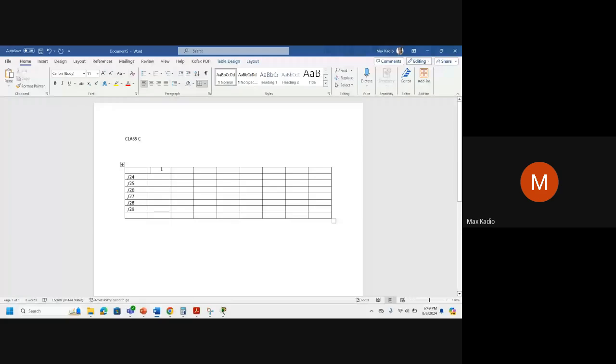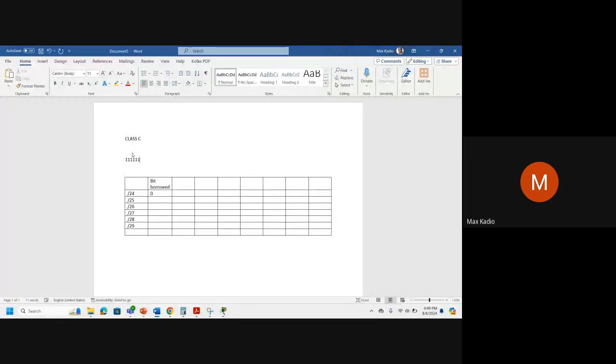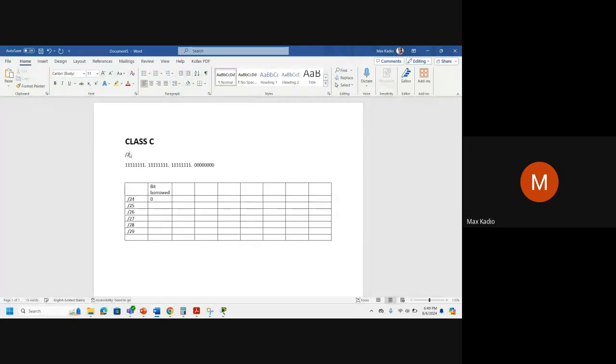If it's slash 24, it means we didn't borrow anything. Slash 25 means we borrowed this one. For a class C, the default is 24, so 24 means I have 24 ones.